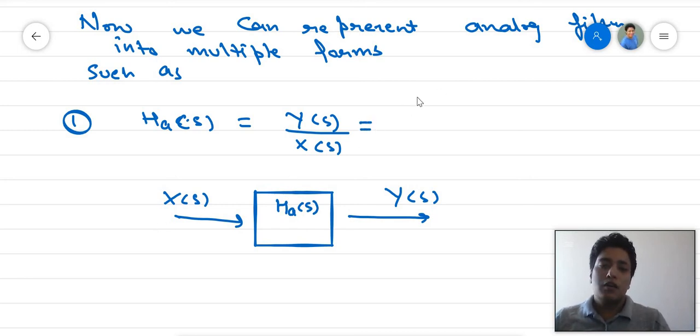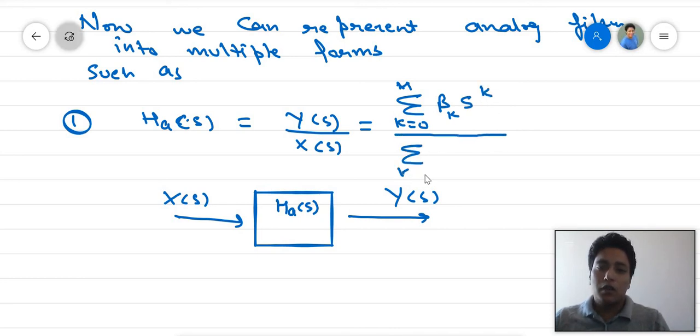It can be written as summation k equals 0 to M of beta_k s^k, over summation k equals 0 to N of alpha_k s^k, where alpha_k denotes the poles and beta_k denotes the zeros.